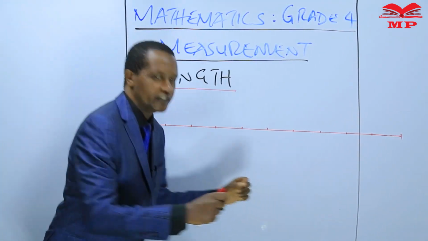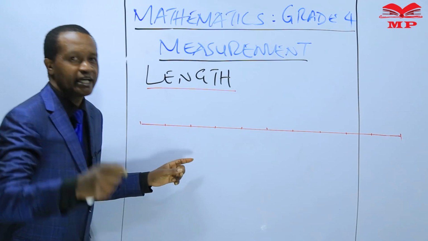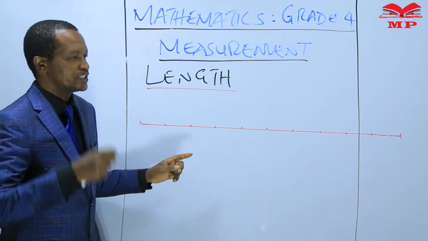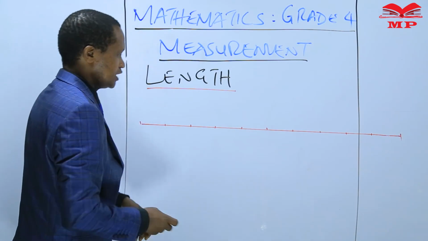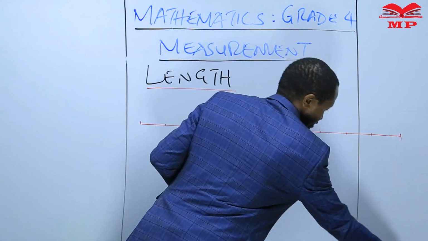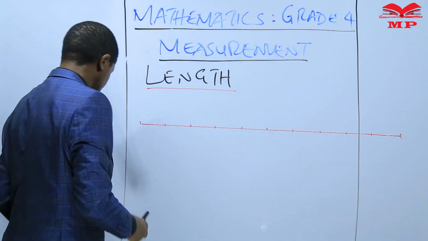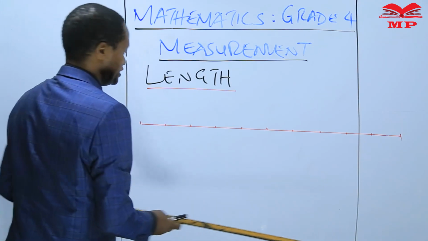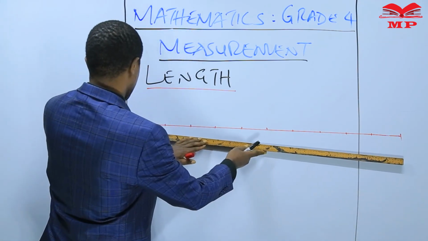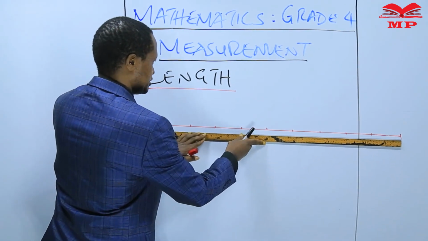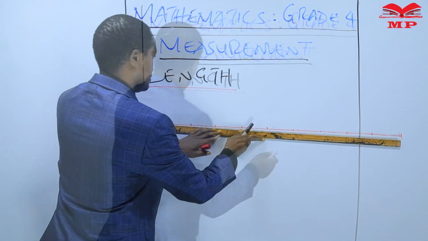Each one of the 10 equal parts is again divided into 10 equal parts. This is what I mean.